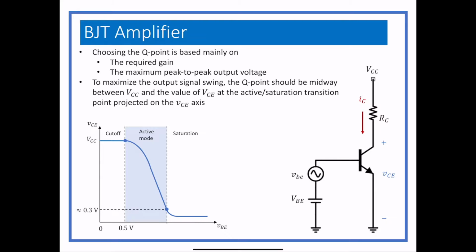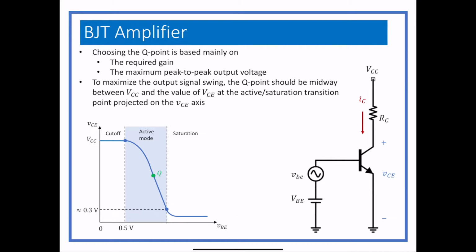If I have a circuit and I'm designing it and VCC is a value and VCE comes out around half, then I'm fine with that. You're just trying to get kind of in the middle so that you have the maximum swing.